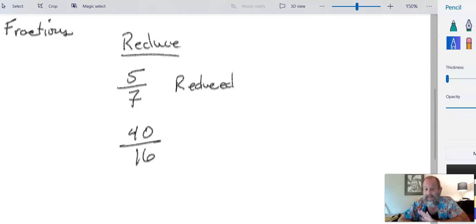And that definitely works, but sometimes it takes a while to find the greatest common factor. It turns out you can do this just by finding any factor and continuing the process. So looking at this, if I don't automatically see what the greatest common factor is, I'm going to divide out a factor. These are both even numbers, which means 2 goes in.